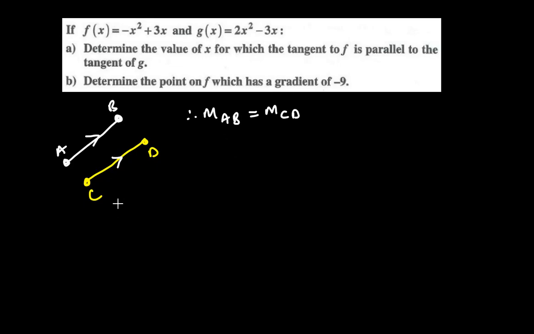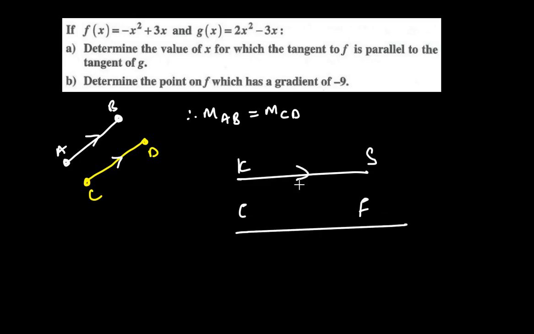So lines that are parallel have the same gradient. So if this is KG and this is CF, and they are parallel, the gradient of KG would be equal to the gradient of CF. That's just what we must remember.